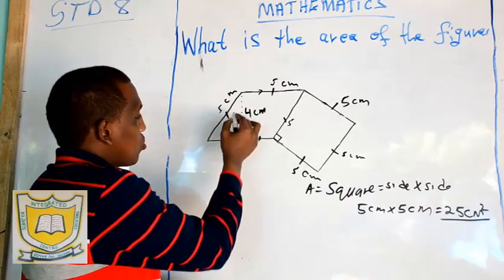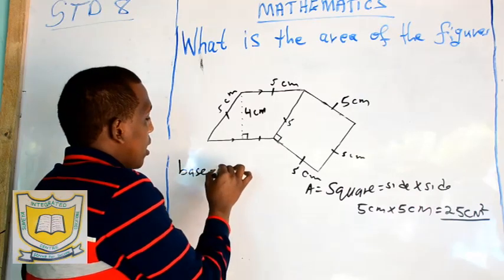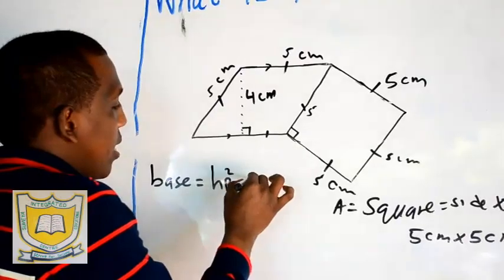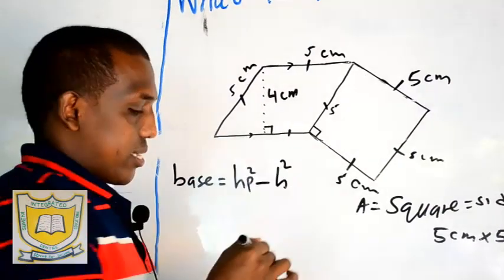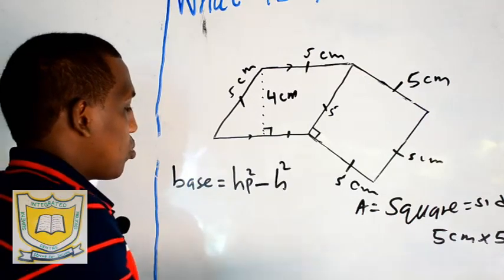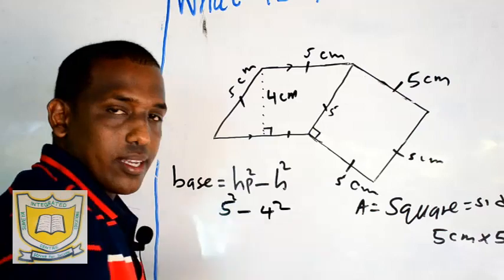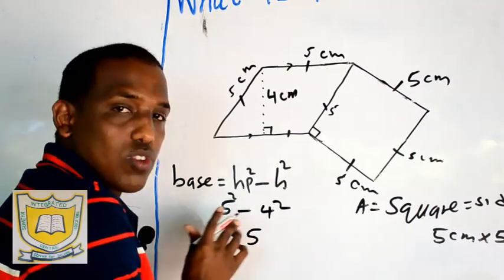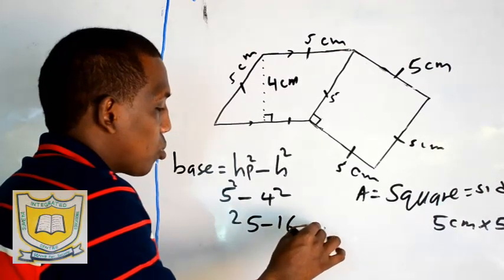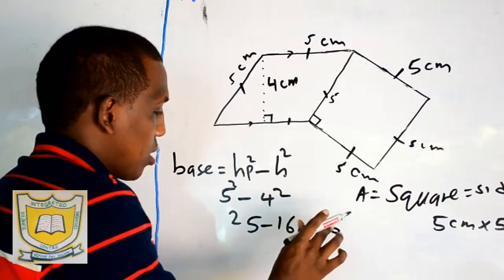So to get the base, base is equal to the square root of hypotenuse squared minus h squared. Hypotenuse squared is 25. So we say 5 squared minus 4 squared. 5 times 5 is 25, minus 4 times 4 is 16, which is equal to 9.